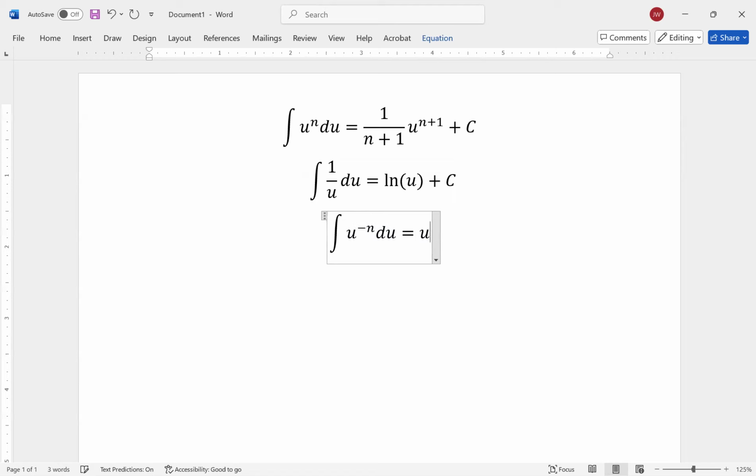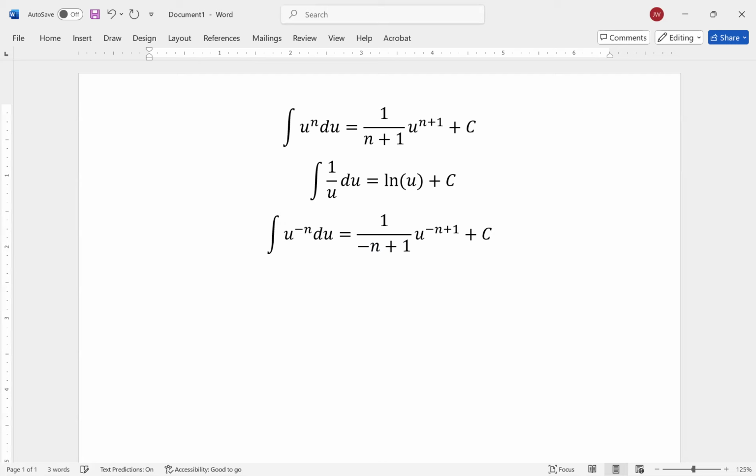So add 1 to the exponent, we get an exponent of negative n plus 1, and then divide by that as the coefficient, 1 over negative n plus 1, and then tack on a plus c.